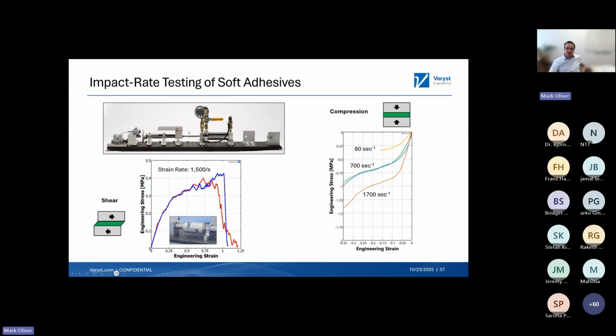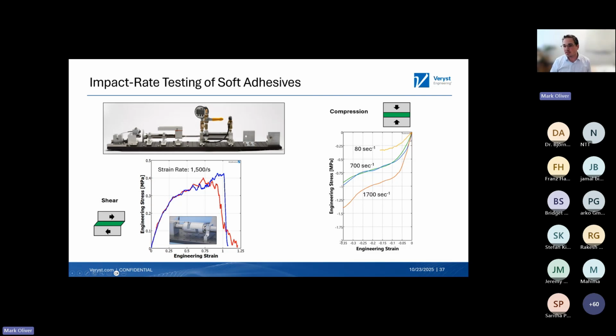And so this is the pneumatically driven impact test frame that we've developed specifically for soft adhesives. So you can measure the adhesive stress strain behavior in shear. This is an example of data on the soft adhesive that was at 1500 strain per second. We can also run this in compression and get up into the thousands of strain per second.